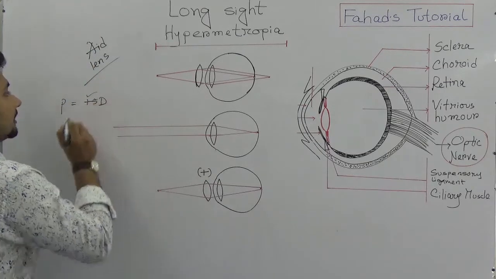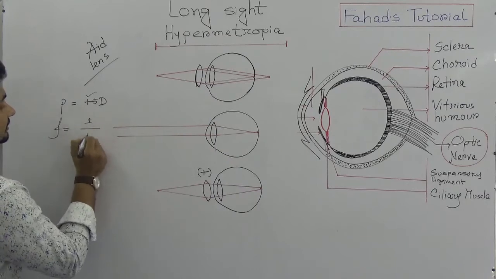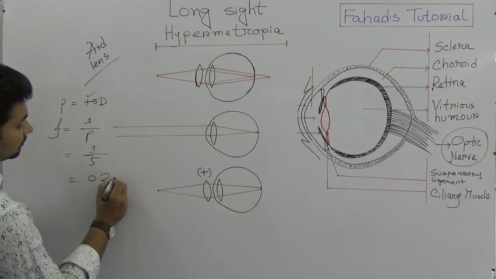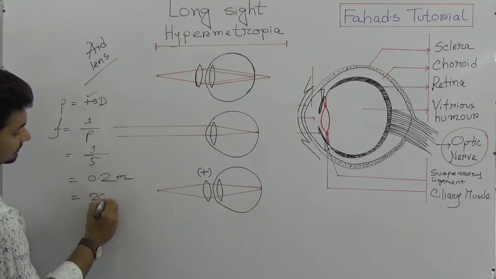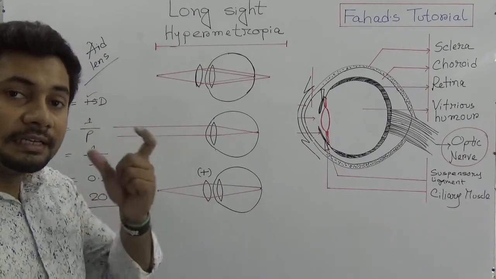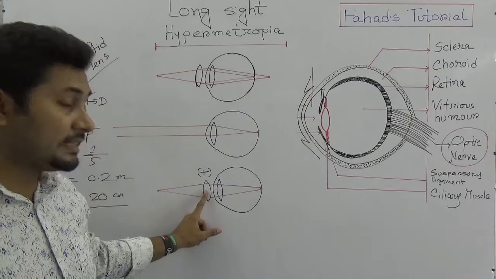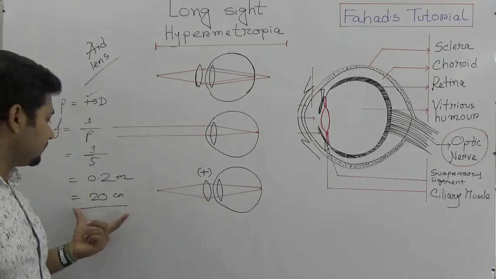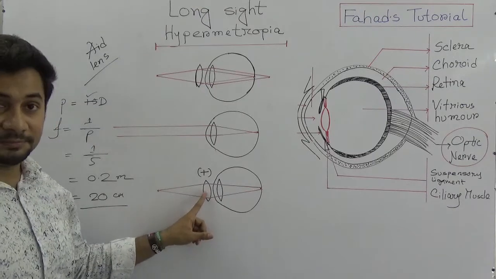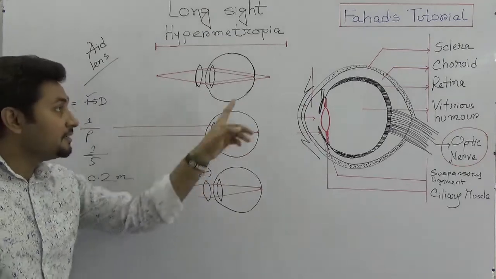It means this is a convex lens, and the focus of this lens is 1 by P. So 1 by 5 means 0.2 meter, or you can say 20 centimeter. So the focal distance of this lens, which is used as an aid lens, would be 20 centimeter.